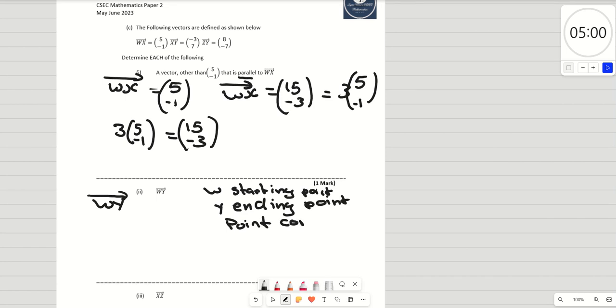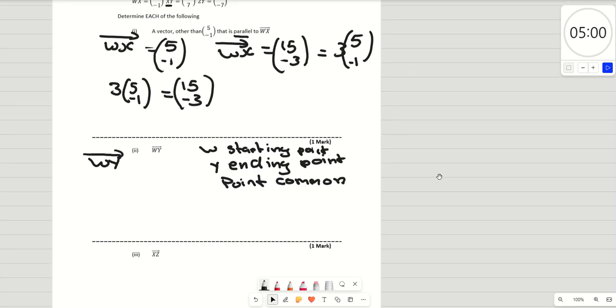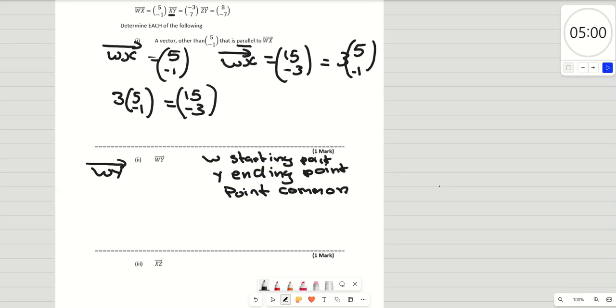So those vectors must have something in common. So we know that the only one that starts with W is WX. Which one has Y? XY and ZY. But which one has something in common with it? The only one that has something in common is X, right? Z is not found in WX, so we cannot use ZY. We can only use XY.